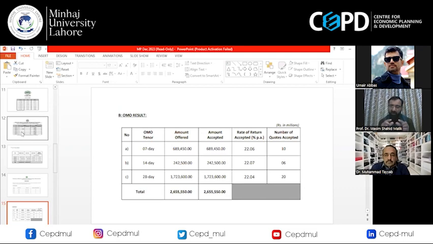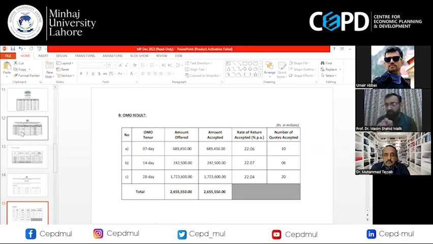So the OMO rate, which is the open market rate, is very much close to the central bank's policy rate, 22%. So different interest rates basically move together. There is an alignment between them, because different instruments and markets are integrated. Whenever the central bank changes its interest rate, then all interest rates of the market change.